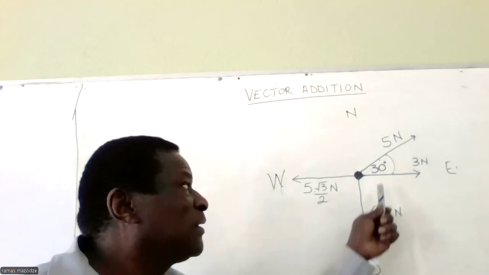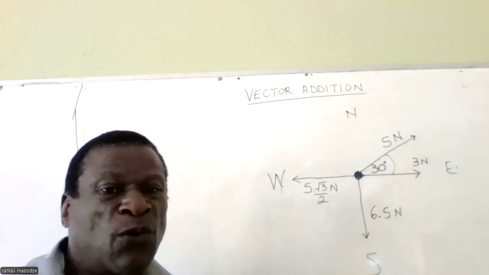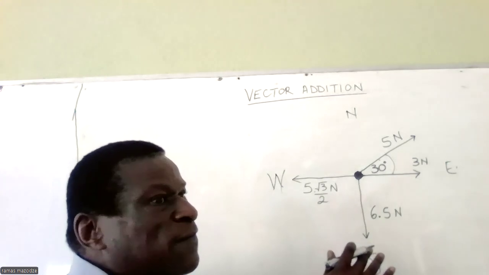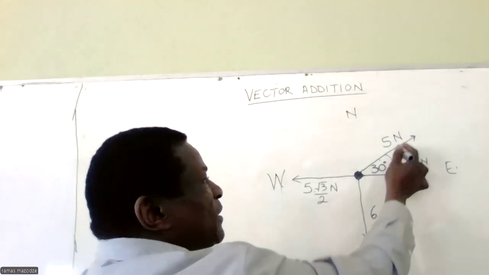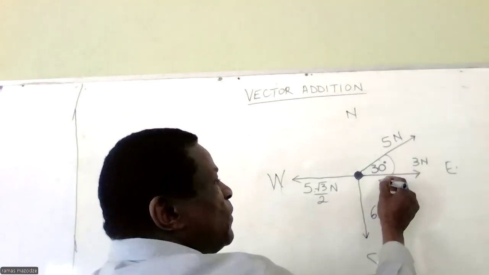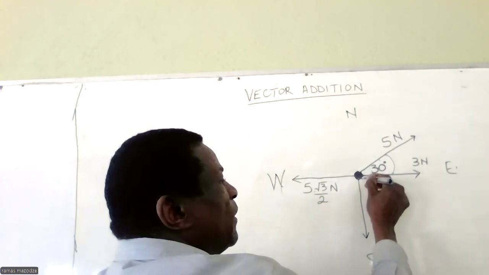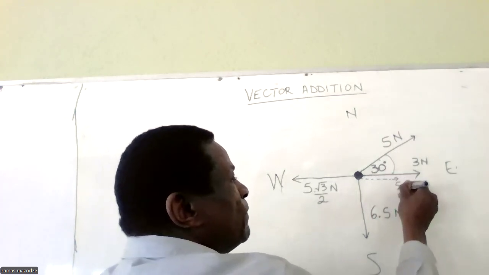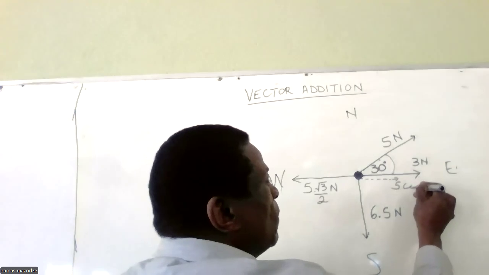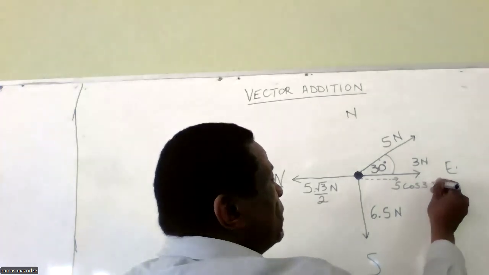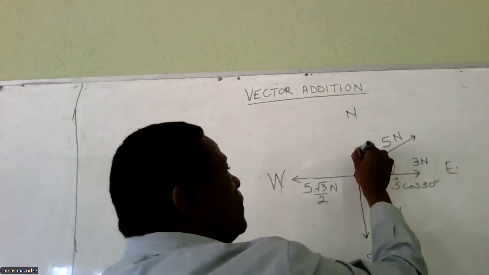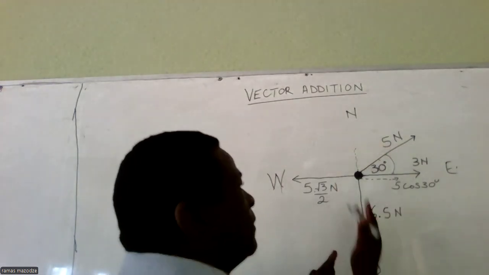So what do we call them? This one is a horizontal component, which we normally call Fx. The magnitude is 5, so there's a component here, let me put it in dotted lines. This is 5 cos 30 degrees, if that angle is 30 degrees. Then there's another component because it's pulling to the right and up.